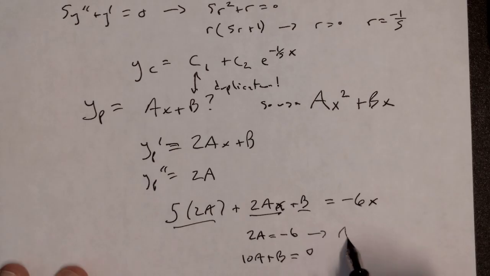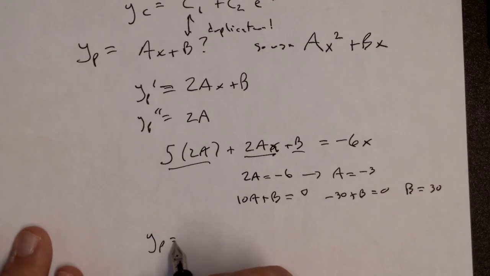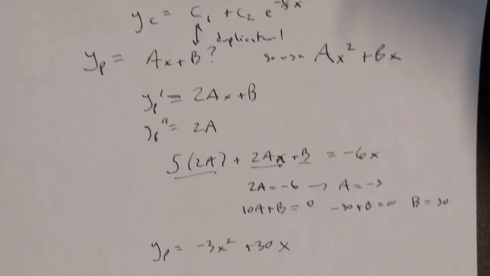This top one gives me a equals -3. That means -30 plus b equals 0. I know b. Perfect. Wonderful, marvelous. yp is -3x squared plus 30x, which means I know my overall solution.